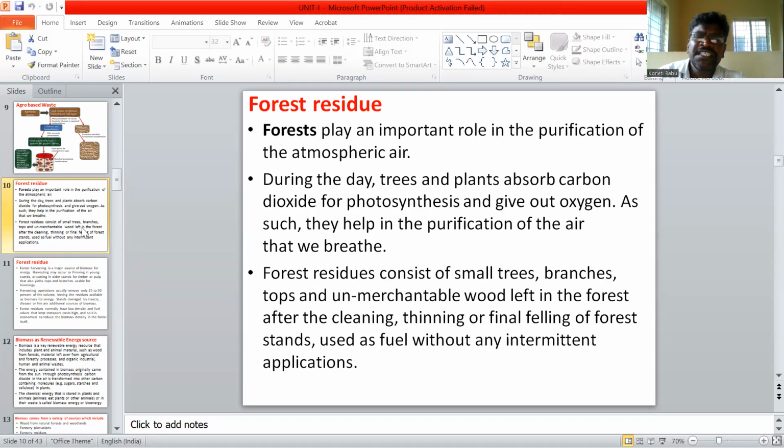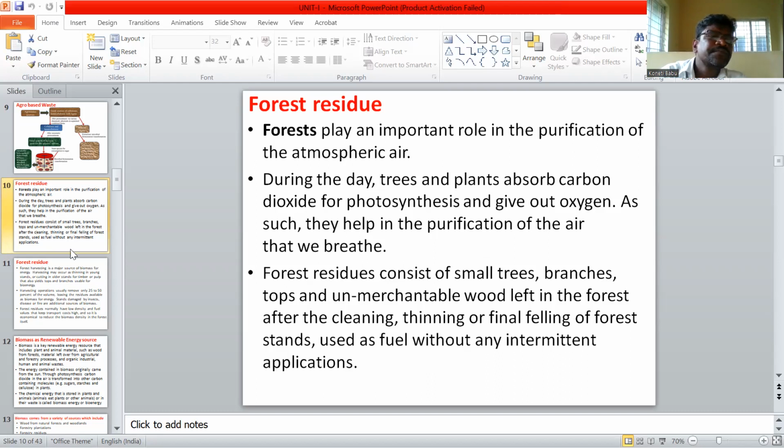This forest waste contains small trees, branches, tops, and unmarketable woods left in the forest after cleaning, thinning, or felling of forest stands. Such residues are biofuels, biomass that can be used without any intermediate appliances.